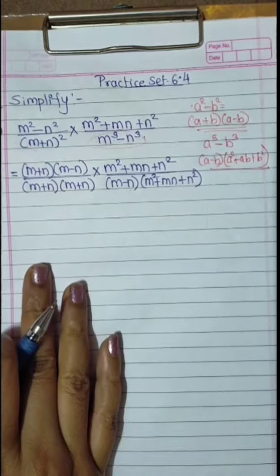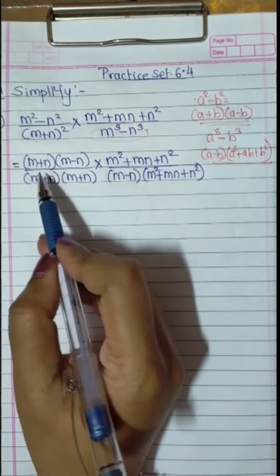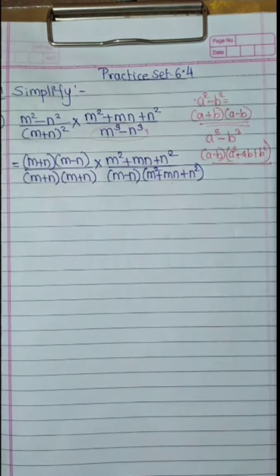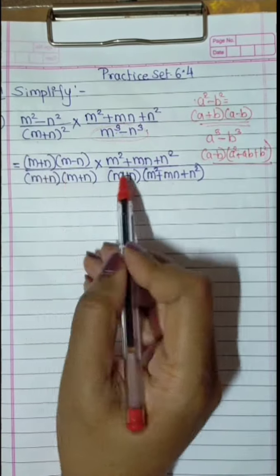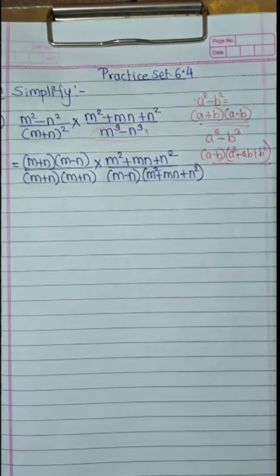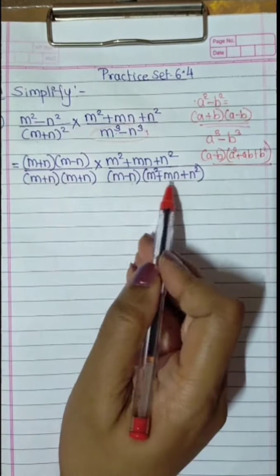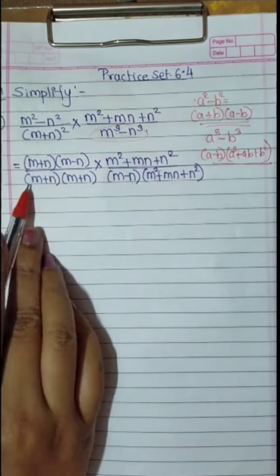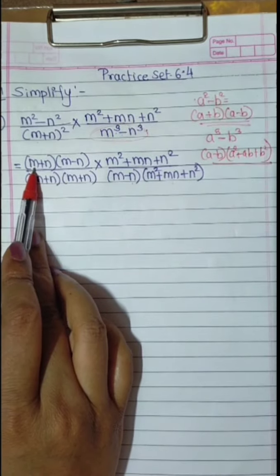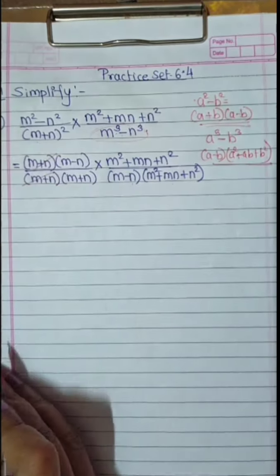Now you can see that there are some similar factors, so we are going to cancel them. For example, m plus n and m plus n are going to be cancelled.